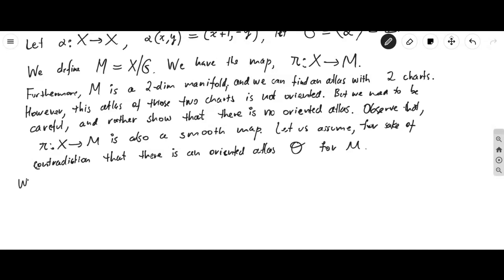So let's say that this atlas O is a collection of maps like this. And the assumption would be that the change of coordinates between any two of them will have positive Jacobian. So this is at the moment the setup.